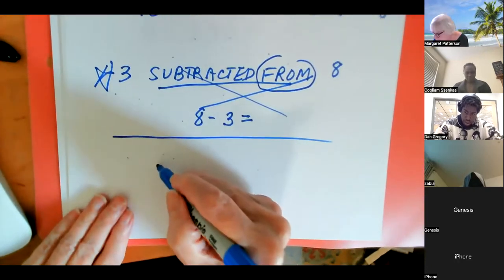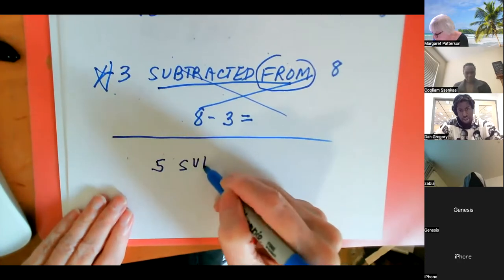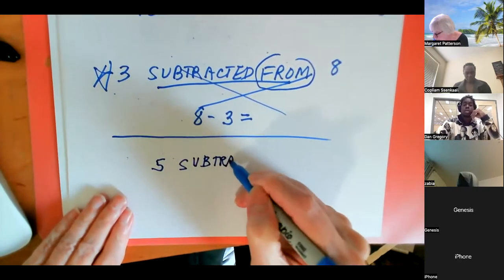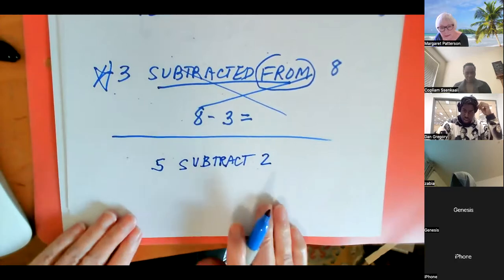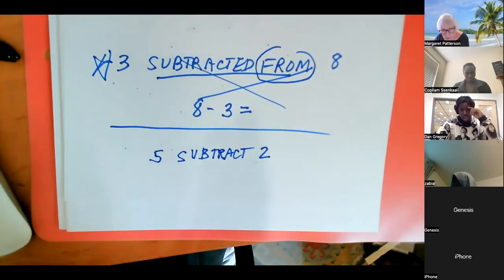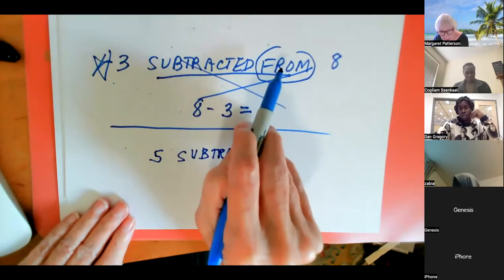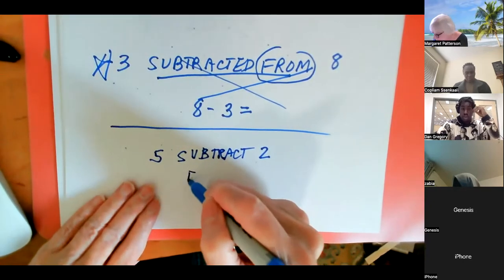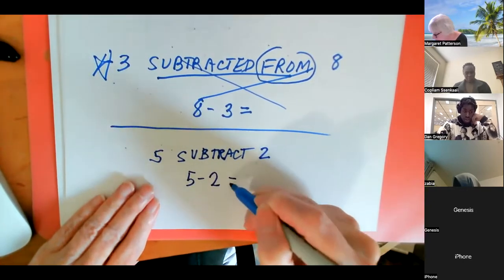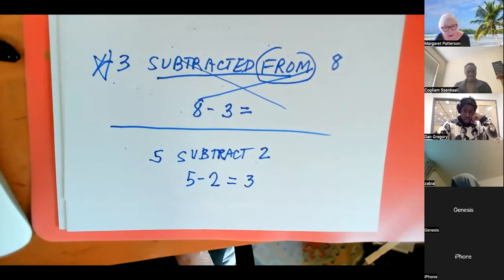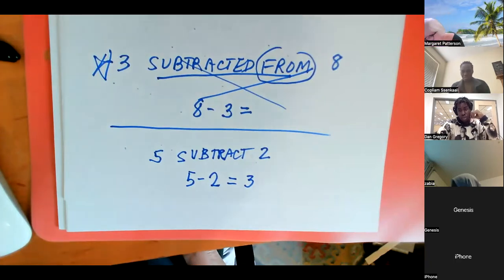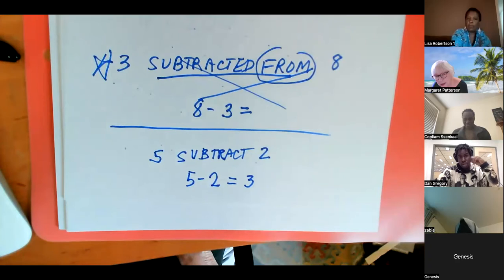So if you say 5 subtract 2, it's normal. This one would just be 5 minus 2. So if the first number is the less, like 2 subtract 5, you know, that's going to work for just a little while.